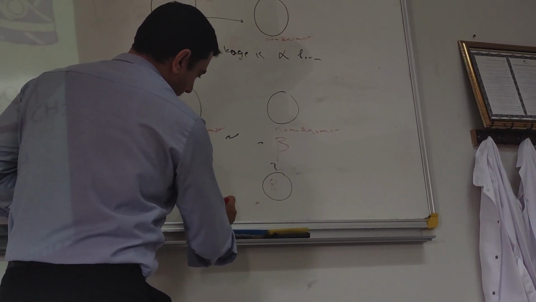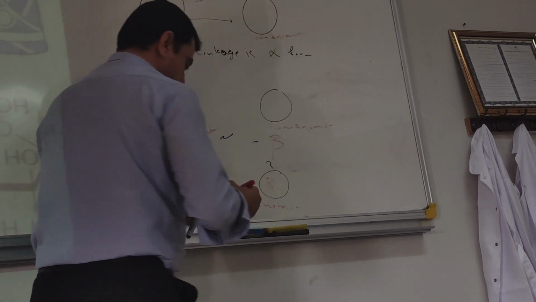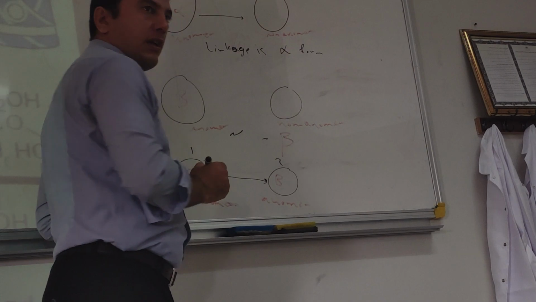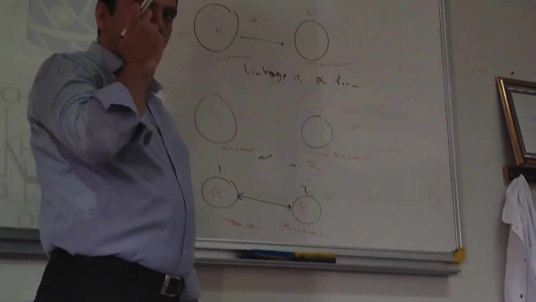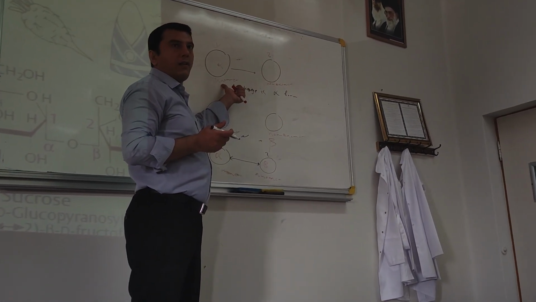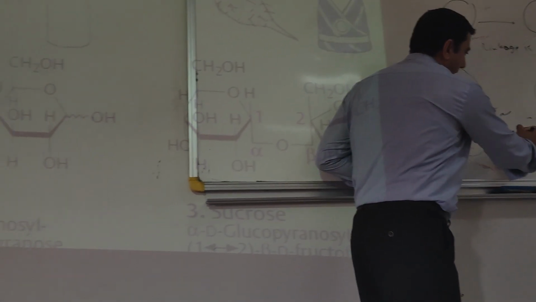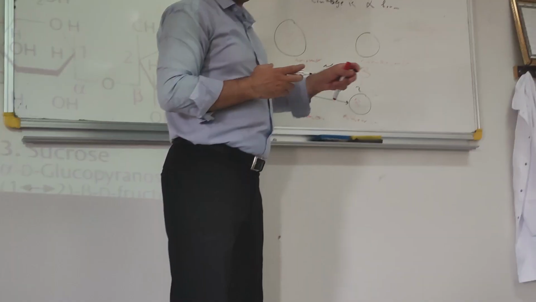Both of them will participate in the linkage. So, in this situation, we don't have a beta or an alpha linkage. We have both alpha and beta linkage.